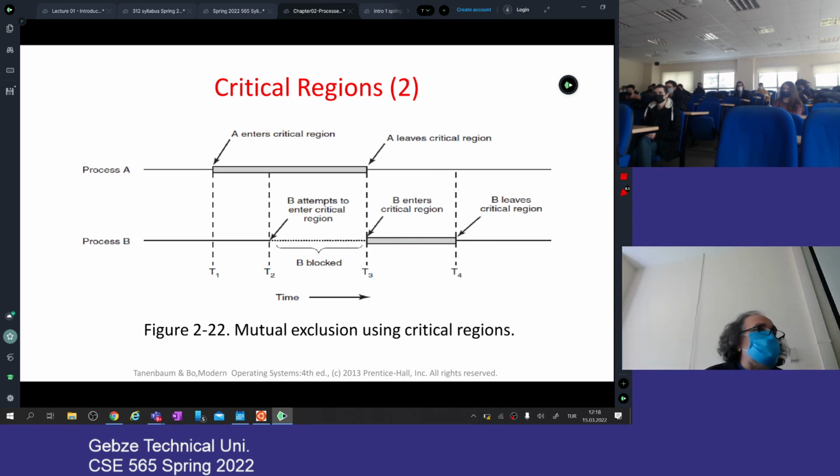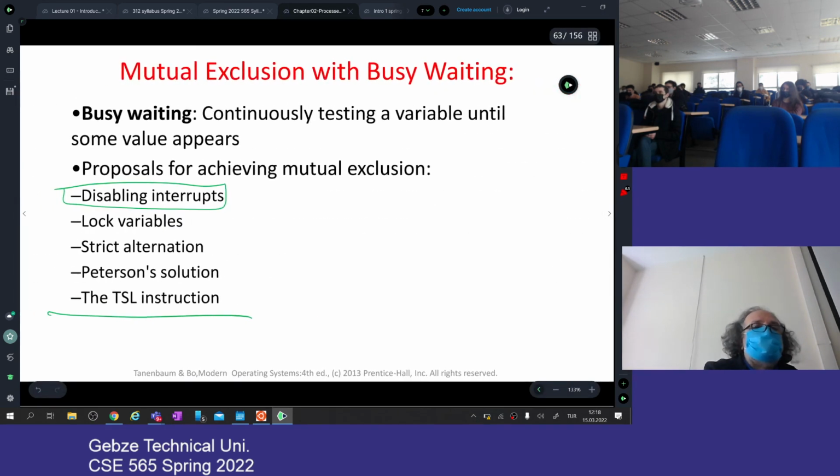Maybe you could do that, but again, that's a privileged instruction. So disabling interrupts without any restrictions is not a good idea. We have to find other ways of preventing other processes from entering the critical region if I am inside the critical region.